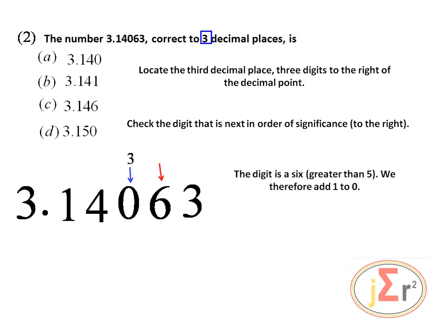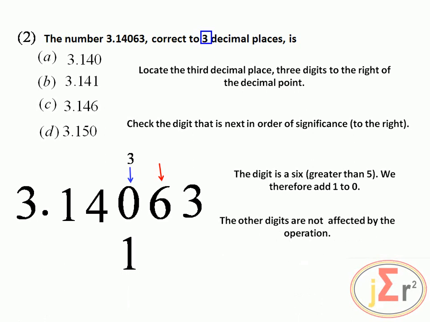That is the one that we are investigating. The digit is a 6, greater than 5. Well, if it were equal to 5, the principle would have still been applicable. It is greater than 5. We therefore add 1 to 0.